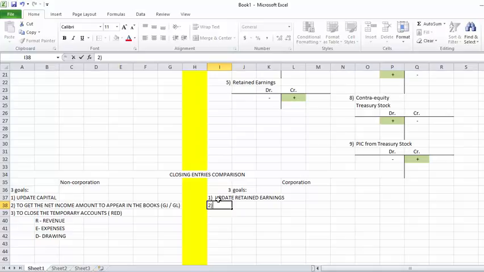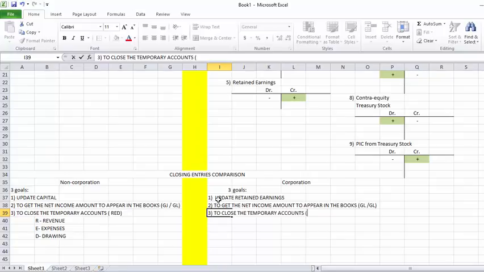Goal number 2 is the same, to get the net income amount or net loss to appear in the books. And again, general journal and general ledger. And goal number 3, to close the temporary accounts.